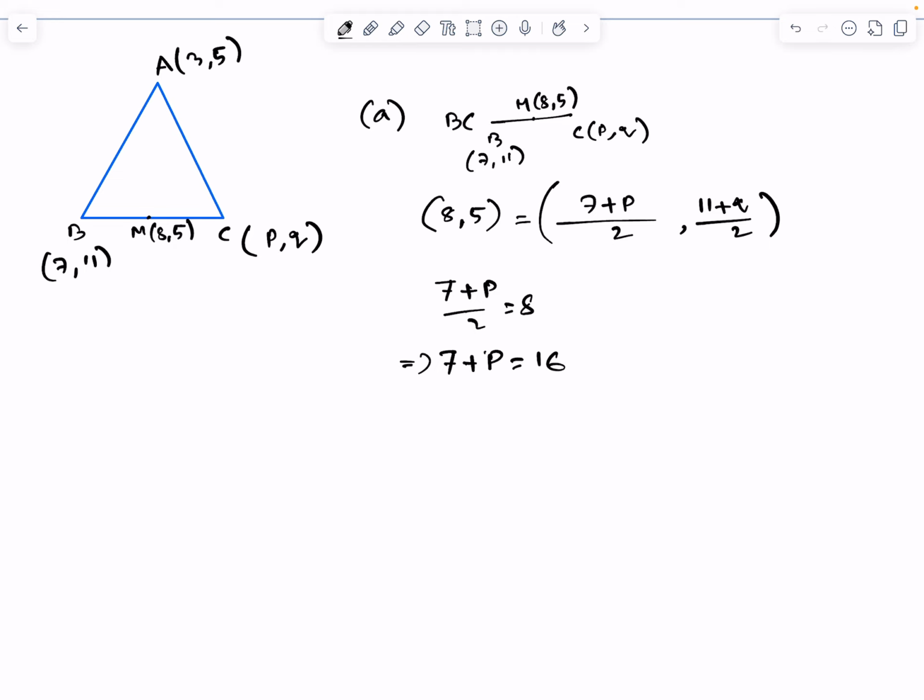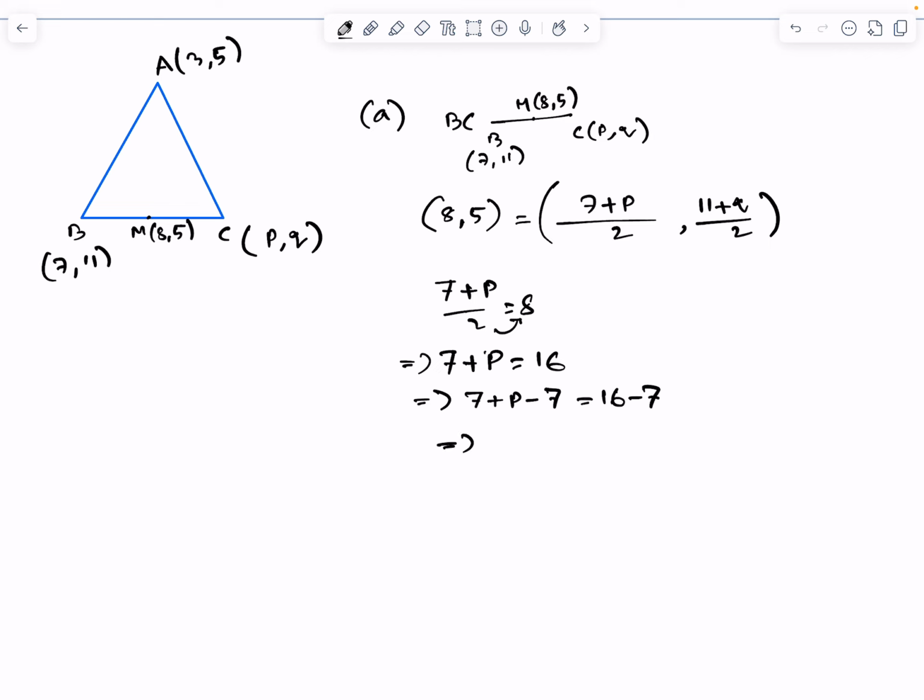I showed in my previous classes how I am doing this: I multiply both sides by 2. So 7 plus P is equal to 16. I'm going to take away 7 from both sides.